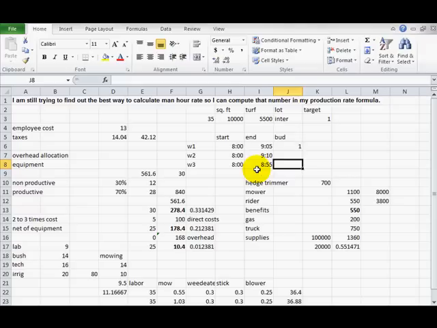Your budgeted time each time was 1 hour. So now, let's do a couple things here. We are over budget by 0.05, 0.10, and we're under budget here by negative 0.05. Yeah, I knew I was going to get an error there. Anyway, you get the idea.